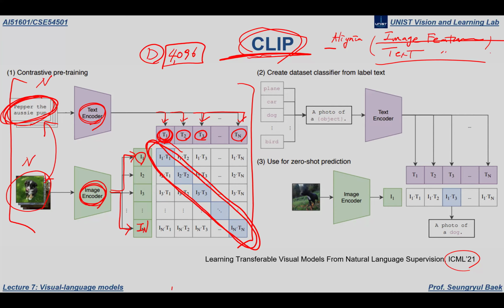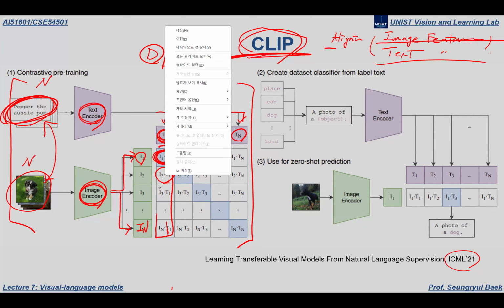And if we apply dot product between them, the correct image and text pairs' feature similarity should be maximized. But for example, here we are measuring the similarity between the second image and the first text description.